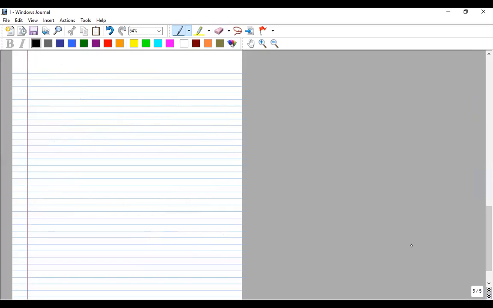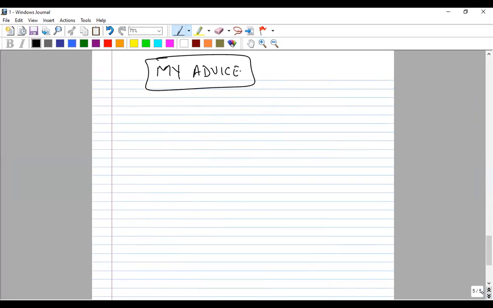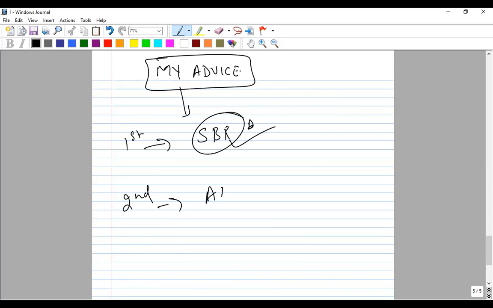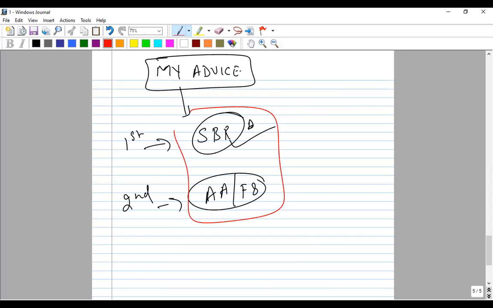So what is my advice for the students who are adopting paper AAA? Number one, you should have a thorough understanding of paper SBR. Number two, you should have good knowledge of paper F8, because these are assumed to be carried forward knowledge for AAA.